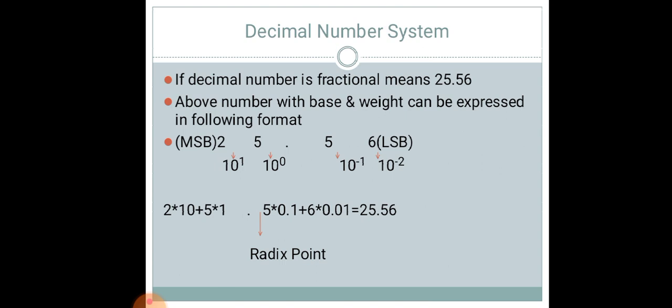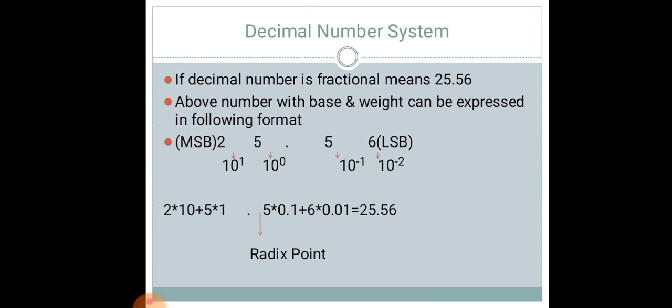Remember carefully, or you can write it down: after the fractional point the weights increase from left to right, but with a minus sign. Now you take each digit with its base and add all these digits with their base. So finally you will get the number 25.56.